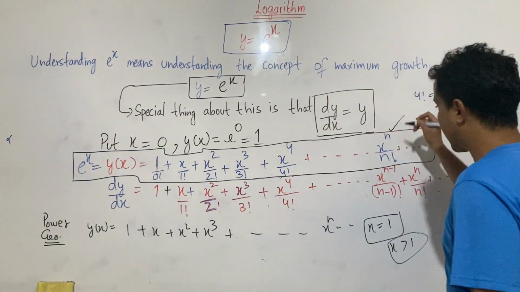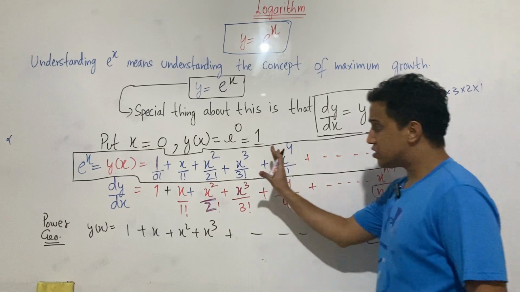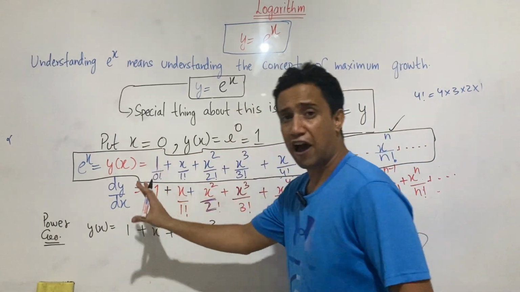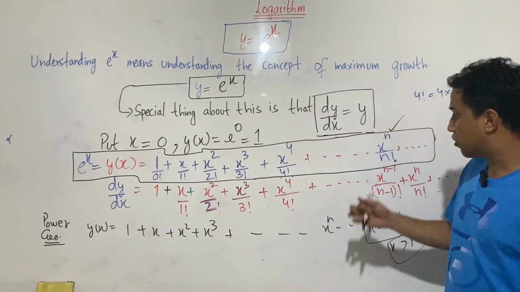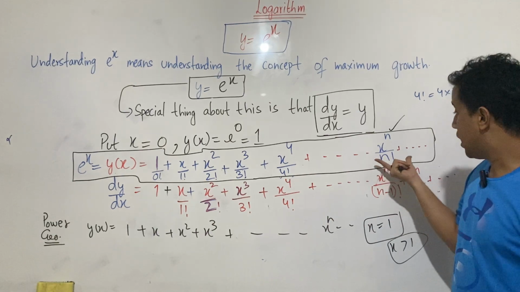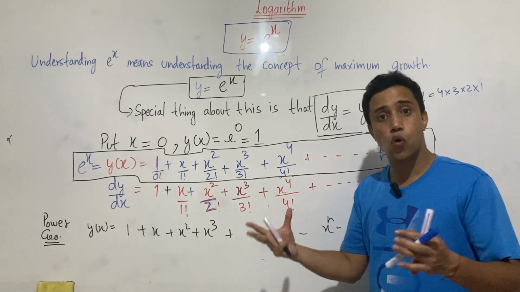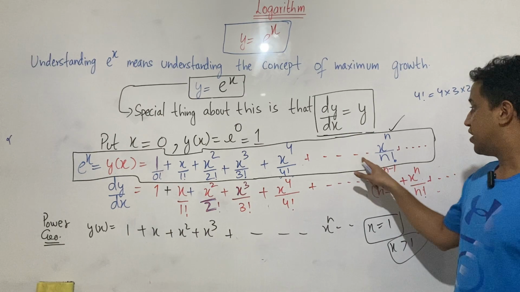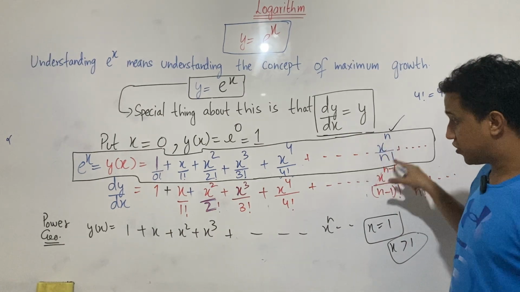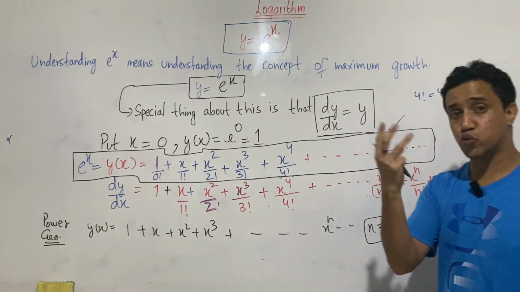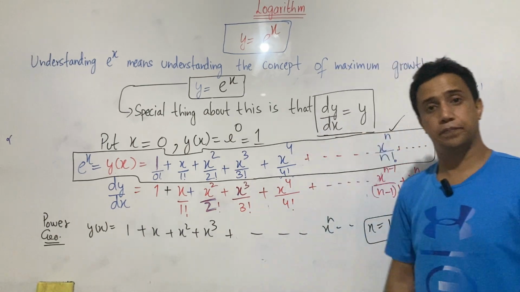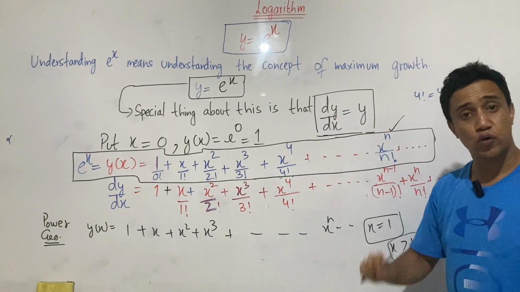But if you look at this series, it is fine for any x, because here your fraction part is so big that the final value is going to be so small. I hope you understand it.